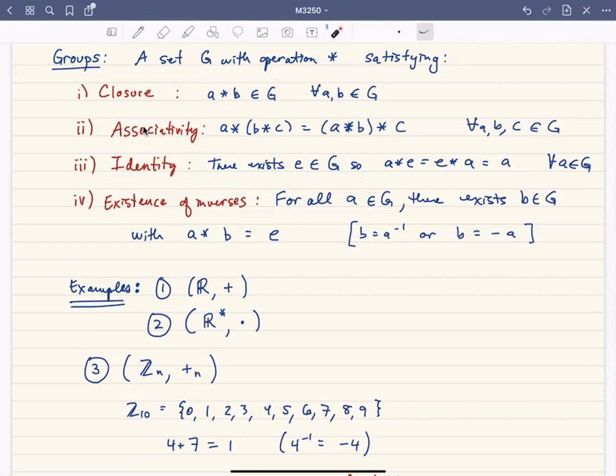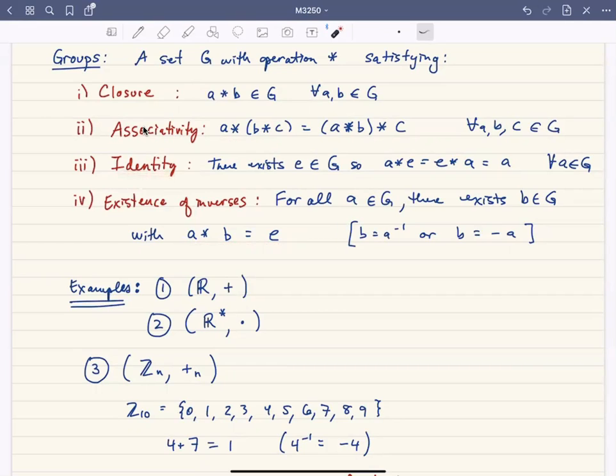The final thing that we need for a group is the property that every element in the group has an inverse. So for every element A in a group G, there exists what we're going to call A inverse. In other words, there exists some element B so that A star B is the identity element, the identity from the previous property.